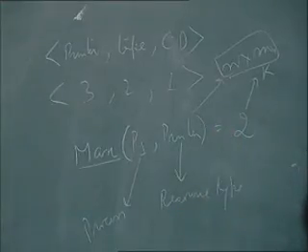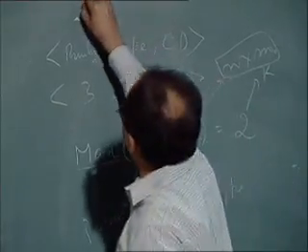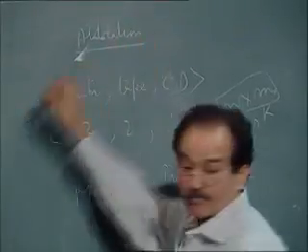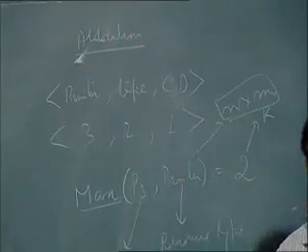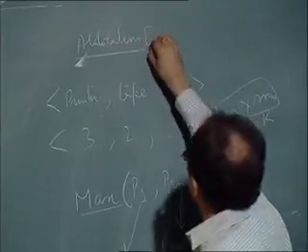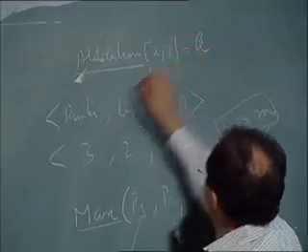Now, in the same way we have allocation. Again, allocation is another type of matrix. That is, Allocation[i][j] is equal to k.